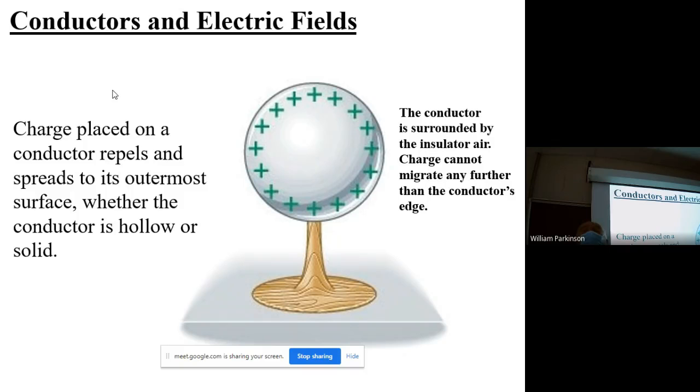Now, if you put a huge amount of charge, then they can make the air conduct. The air we're going to assume is a good enough insulator to not support the migration of charge, so the charge is stuck. Once it gets to the outer boundary of the conductor, it can't force the air to conduct. If there is sufficient charge, then what that means is there's sufficient voltage, air can be forced to conduct.